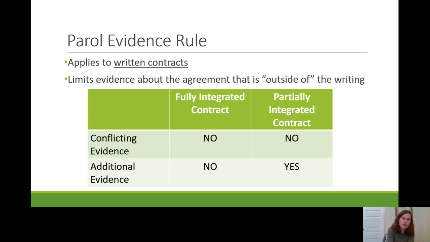Now, the key with the parole evidence rule is that you cannot introduce evidence that conflicts with anything that's in a writing. So in our example of buying the car for $5,000, maybe you want to make the argument, oh no, really the price we had actually agreed on was $4,000.